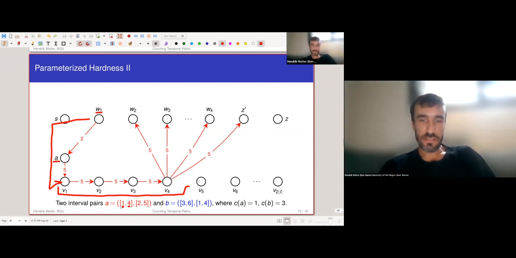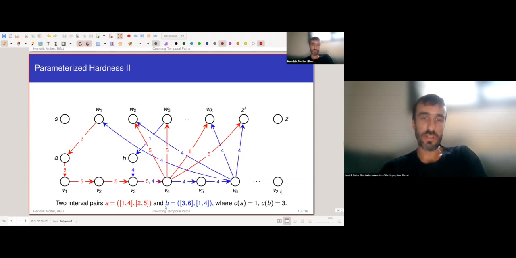And then if we have the second one, the blue one, it would look like this. So it has color 3, so it goes from the vertex W3, and the first interval starts at 3, so it goes here until the vertex V3, and then it goes until V6.